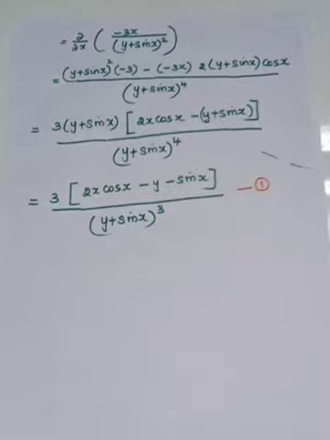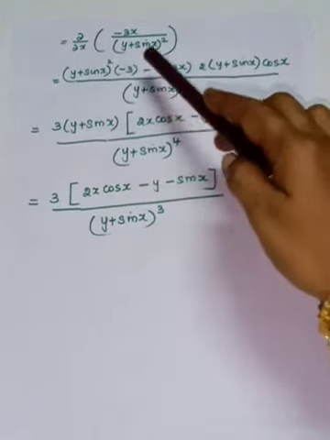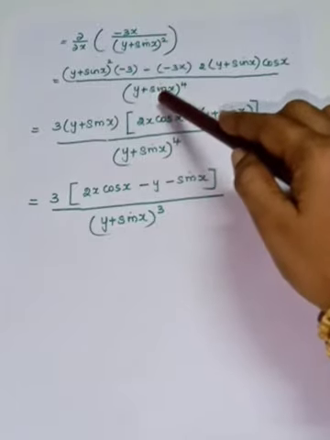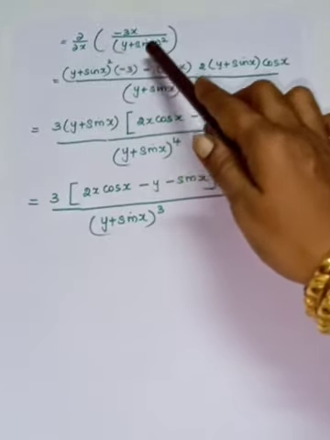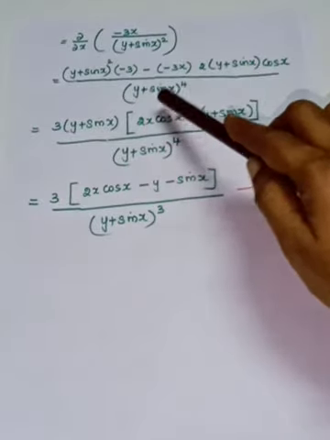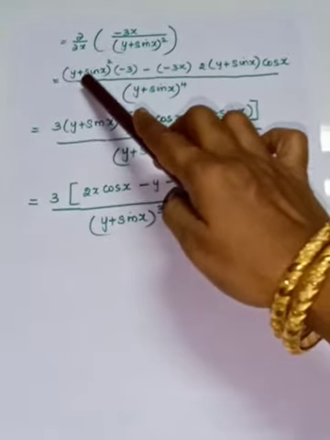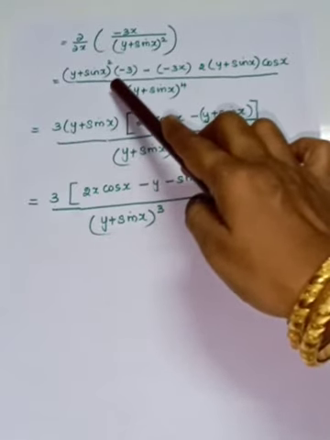Okay, so quotient rule, what's the first step? The denominator has to be written. What is in the denominator? V squared. What is V? y plus sin x the whole squared. So V squared is y plus sin x the whole power 4. Then V has to be written. So it is y plus sin x the whole squared.